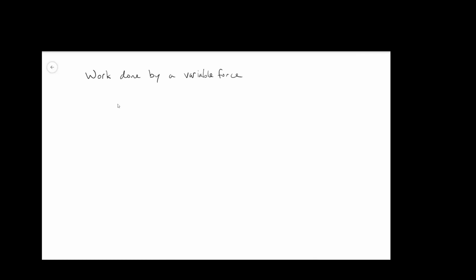But for the purposes of what we are going to do here, we can look at something that does have an obviously variable force, and that's Hooke's law. And Hooke's law is springs, right?